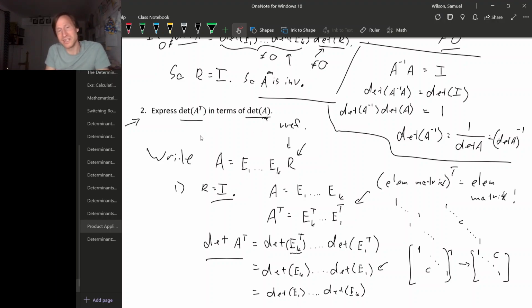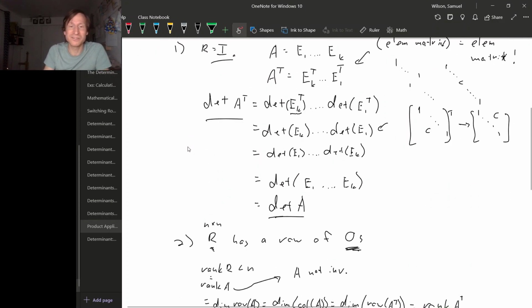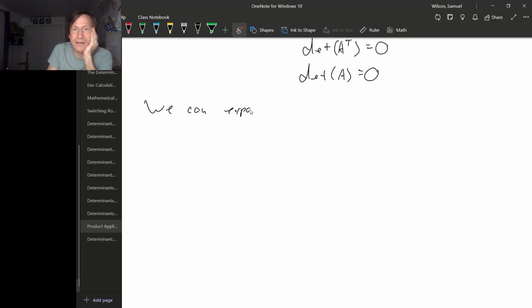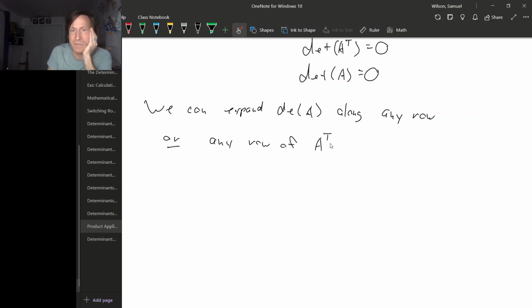This is interesting in its own right, but it actually has a really important consequence, which is that we can expand the determinant of A along any row, which we already knew, or any row of A transpose, because the determinant of A and the determinant of A transpose are equal.